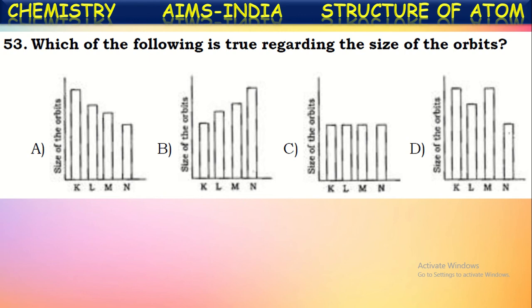So we see the diagram which represents the gradual increase in the size of the orbits from lower orbit to higher orbits. Which is the lowest orbit, the first orbit? K shell. So K, L, M, N and so on. So the gradual increase should be from K to higher orbits. Where is it? Here it is mentioned. K has the lowest size and it gradually increases to the outer orbits.